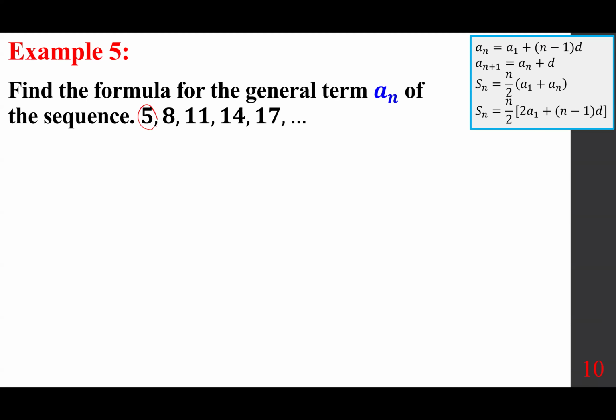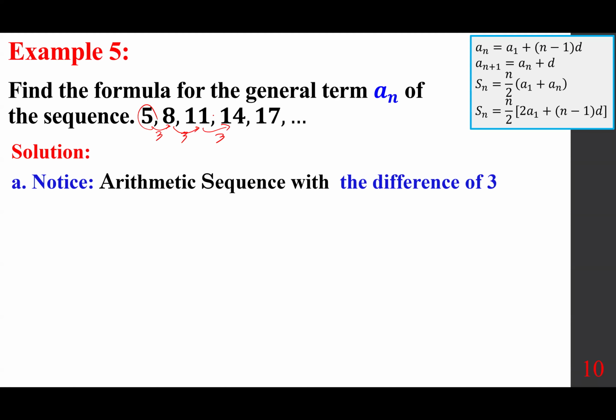Here's the first term, and I need to add 3 to get to the next one. Again, 3. That means it's an arithmetic sequence with the difference of 3. A sub 1 is 5. D is 3. So we first notice the type of sequence that is given to us.